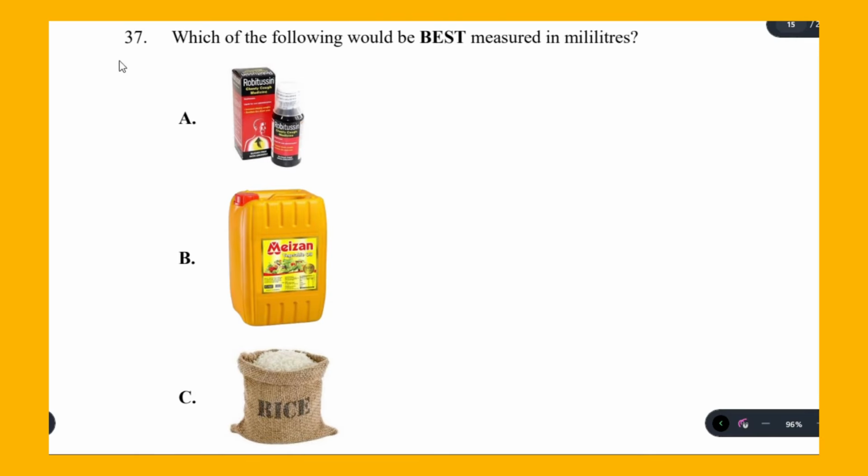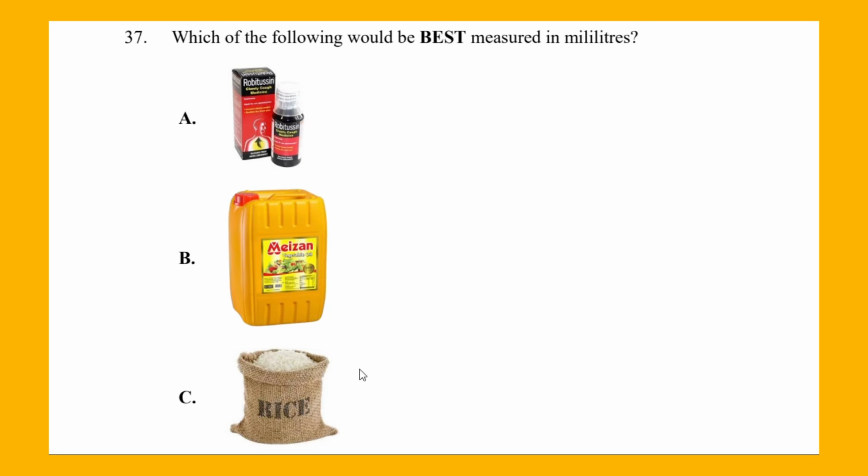Question 37. Which of the following would best be measured in milliliters? Now we have some medicine right here. It looks like antacid. And then we have a big bottle of cooking oil, vegetable oil. And then we have a bag of rice.